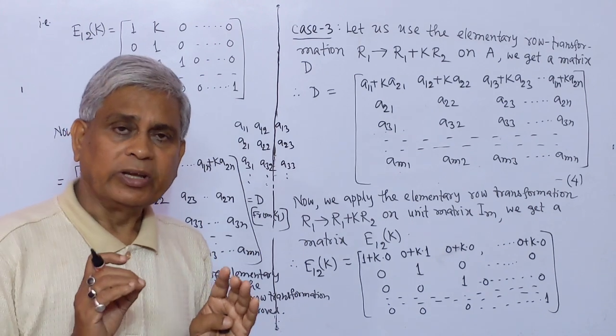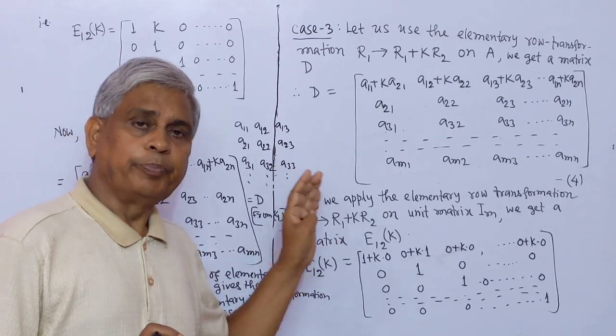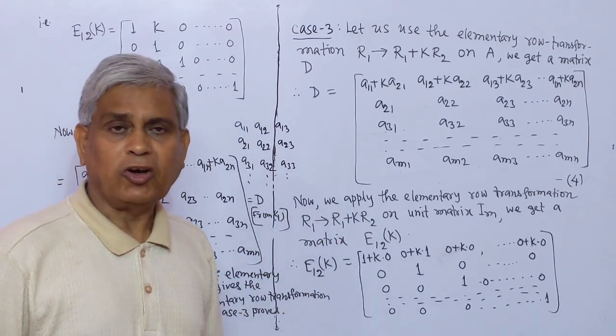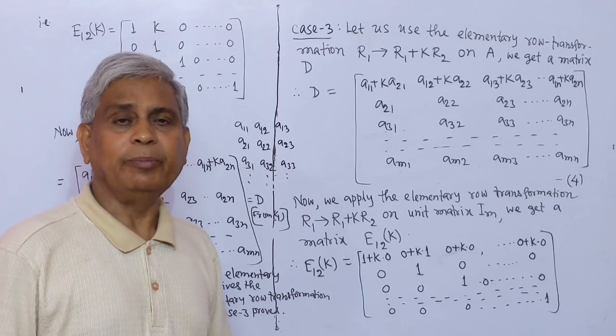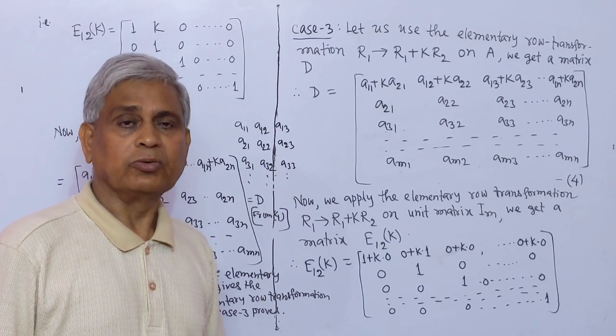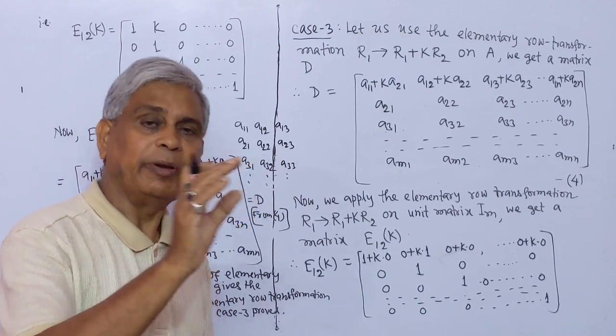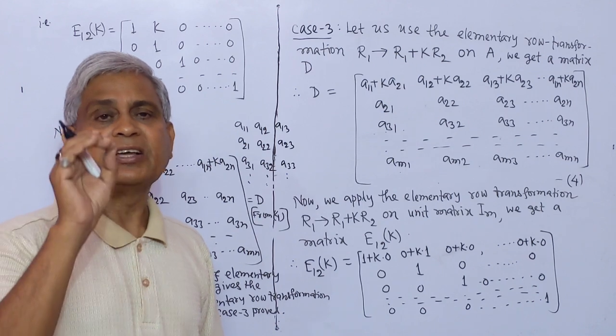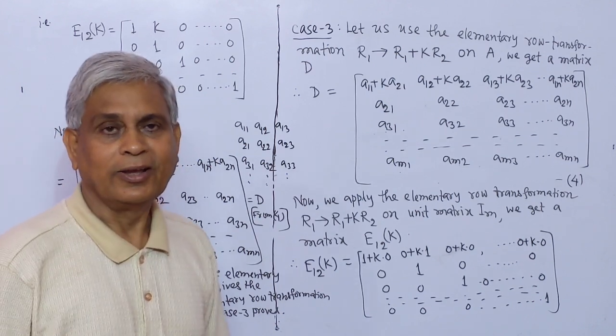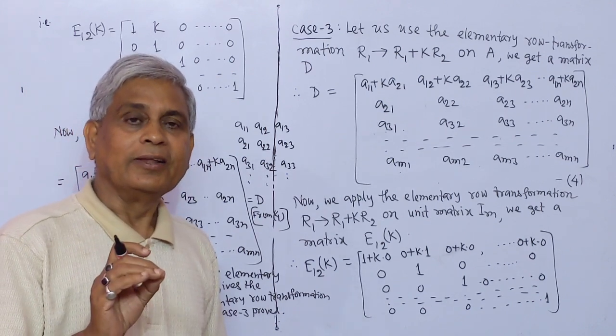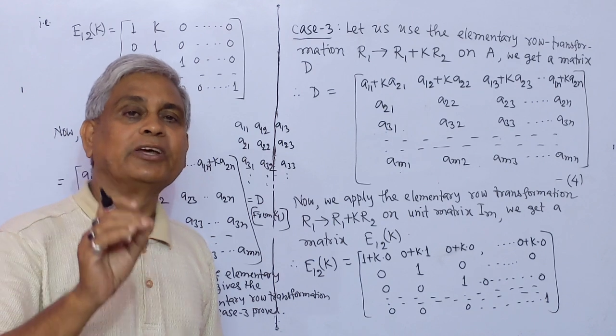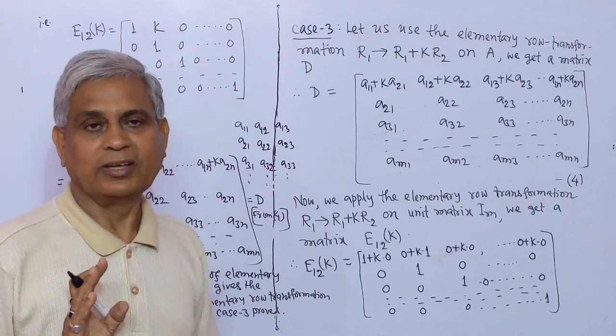Hence, we get that pre-multiplication of the corresponding elementary matrix with the given matrix gives the same result for the elementary row transformation of the given matrix.